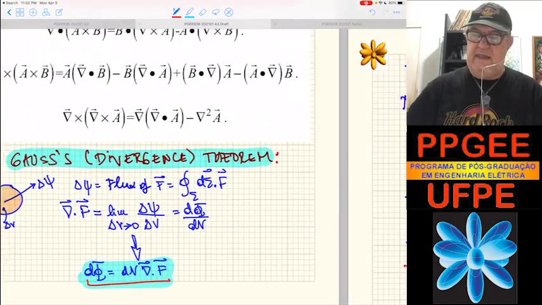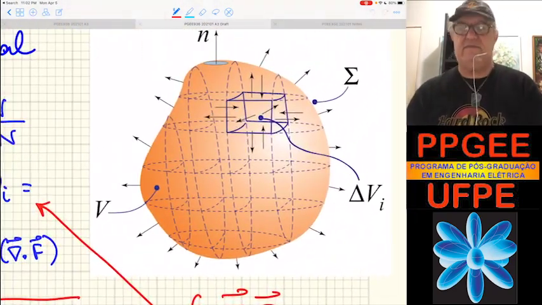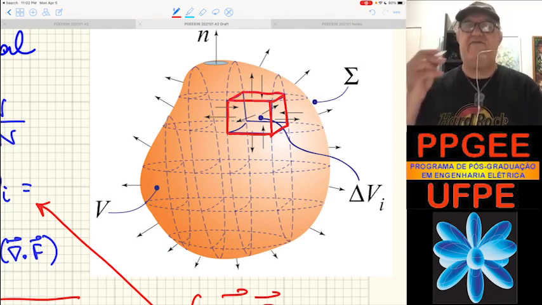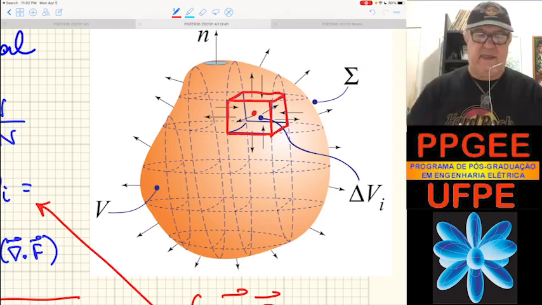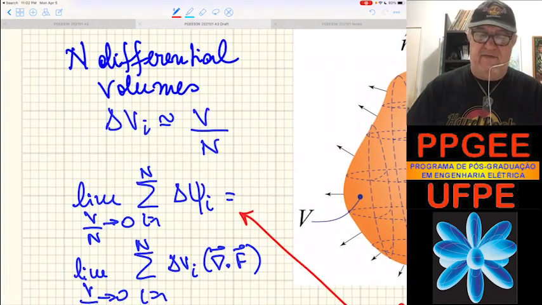So we want to integrate. So you want to pick a volume, and we're going to make small differential volumes and sum all the microfluxes that come out and relate that to the divergence in the center of the volume times the volumes, and keep summing those things. So let's say that you have n volumes, okay?